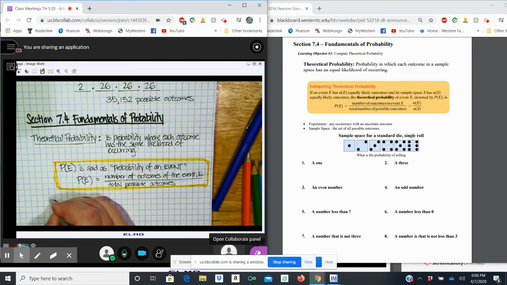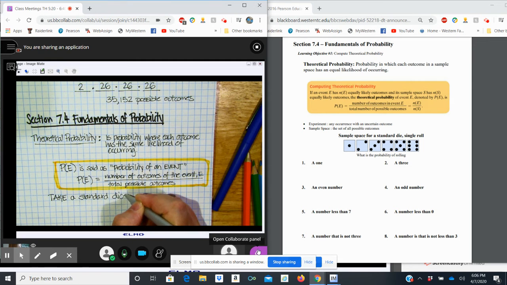So let's take a look at a standard die. I think I just want to say die. There we go. A standard die, which we've done already, has 6 sides. 1, 2, 3, 4, 5, and 6.